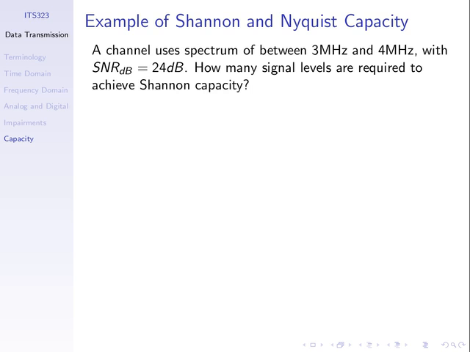What are you going to do to solve this? Well, the question gives you some hints. It talks about Shannon capacity. First, we're going to need the equation for the Shannon capacity. Let's write down the information that we know. The equation: C = B log base 2 (1 + SNR), where B is the bandwidth.